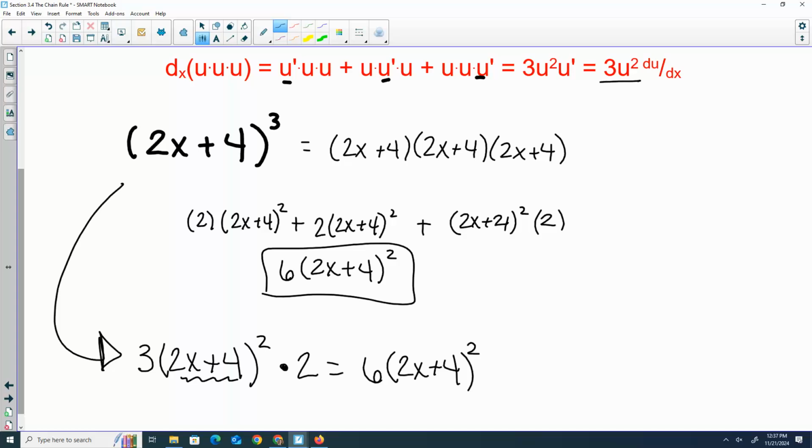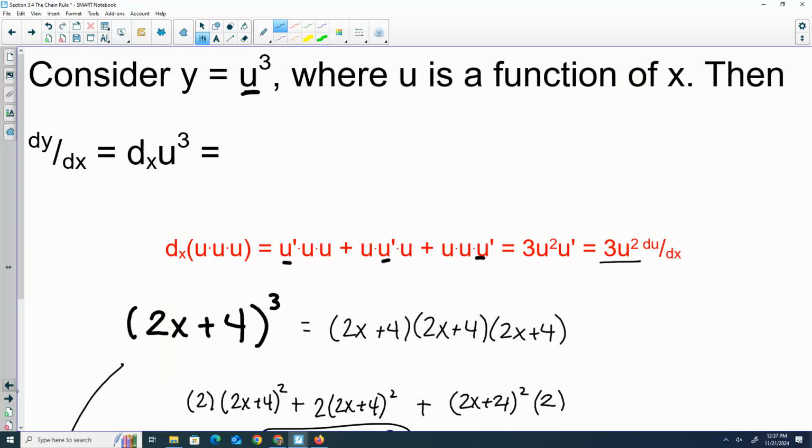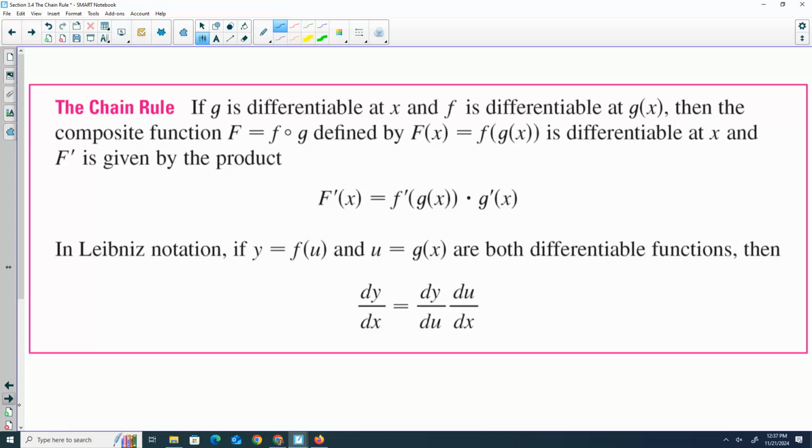So we get the same thing with a fraction of the work. This is what's called the chain rule. Whenever we have a function within a function, a composition, because I had the x cubed on the outside and 2x plus 4 on the inside, you can do the derivative by doing derivative of the outside, inside stays the same, times derivative of the inside. So that's the process we are going to be using today.